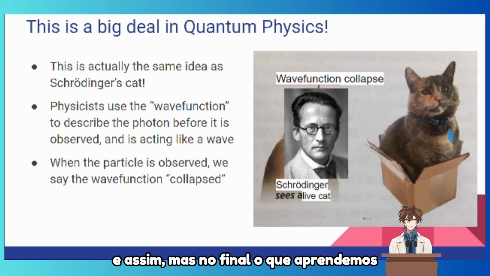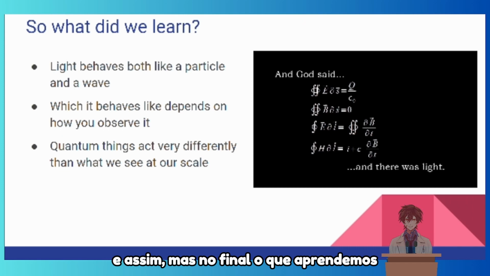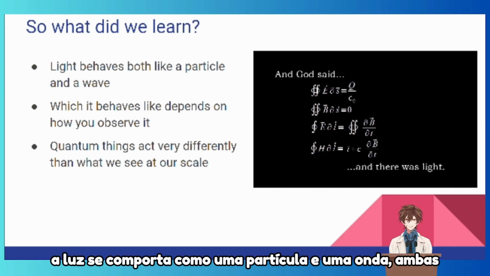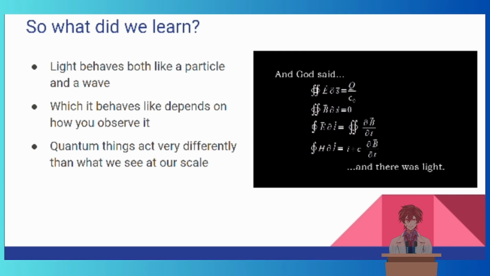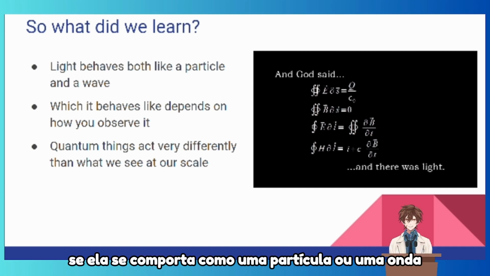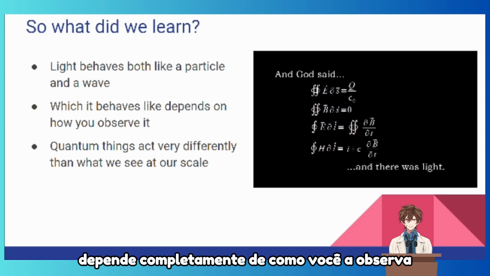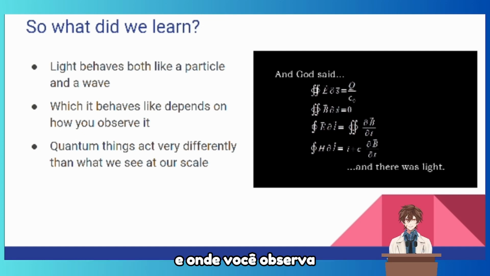But in the end, what did we learn? Well, we learned that light behaves like a particle and a wave. It's both. Whether it behaves like a particle or a wave is completely dependent on how you observe it and where you observe it.